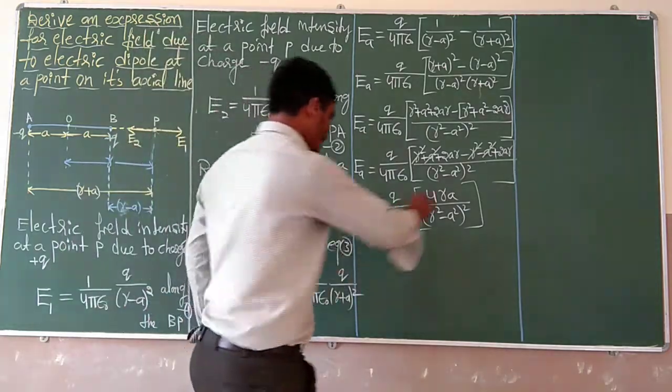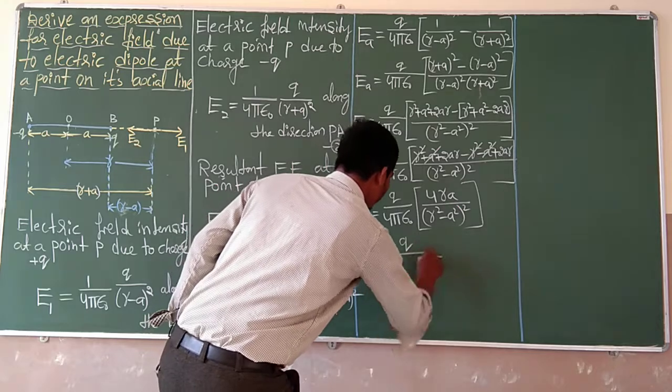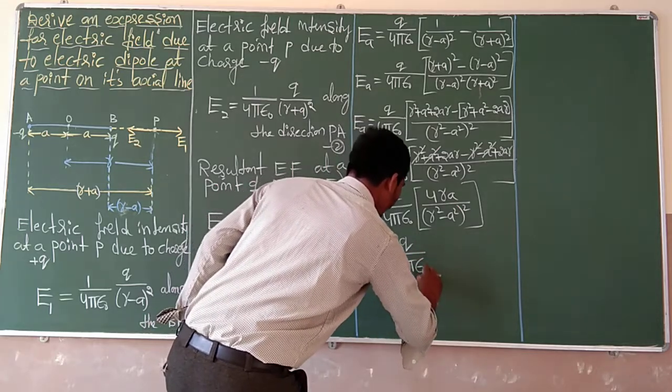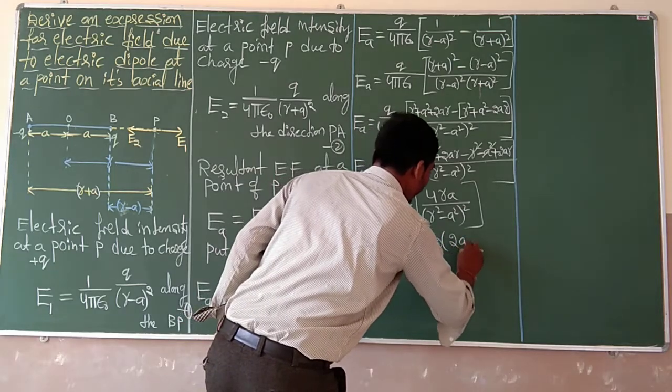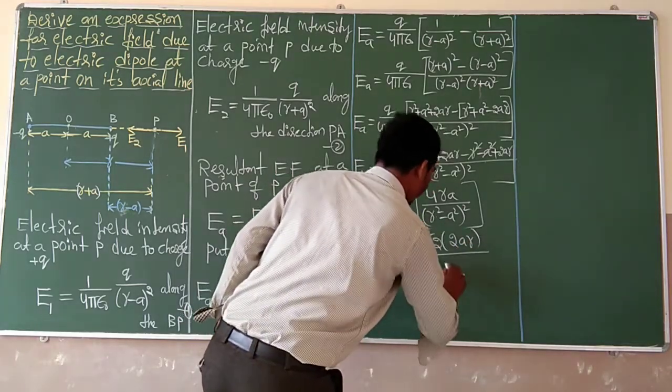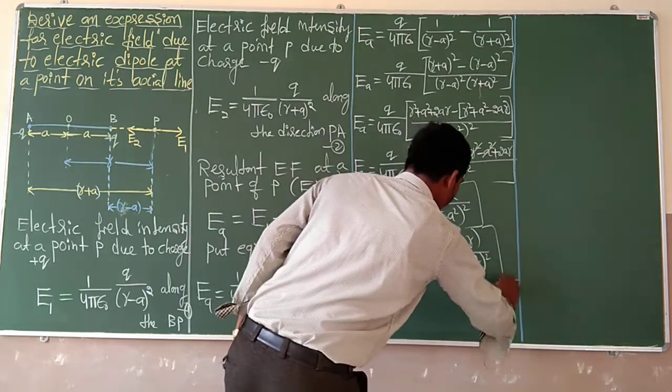Okay, so we can write this in this fashion also: EA is equal to Q by 4 pi epsilon naught, here 2 into 2ar divided by (r square minus a square) whole square.